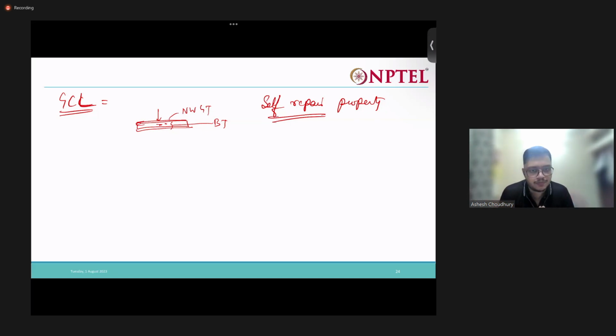So it has a self-repair property. All the cracks get closed, repaired as soon as it comes in contact with water. The water gets stopped, it cannot pass through it. So bentonite is a natural substance which can be used as a geosynthetic material.